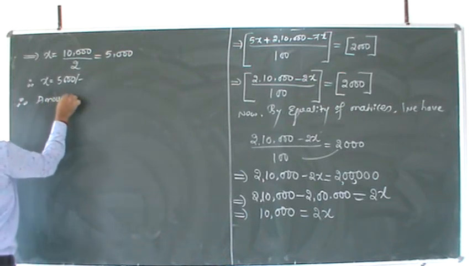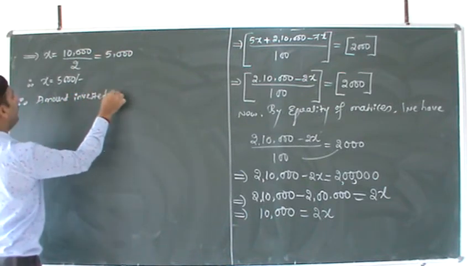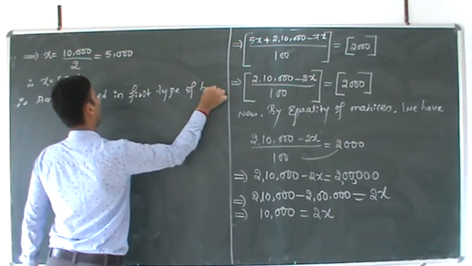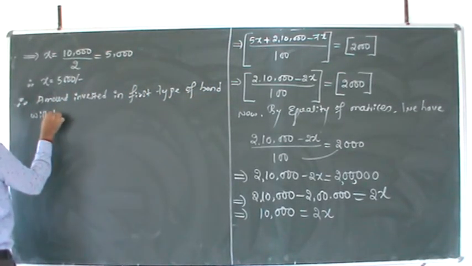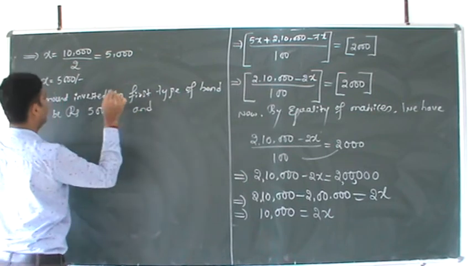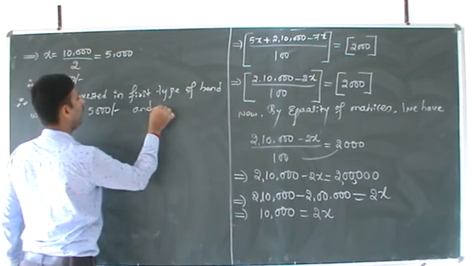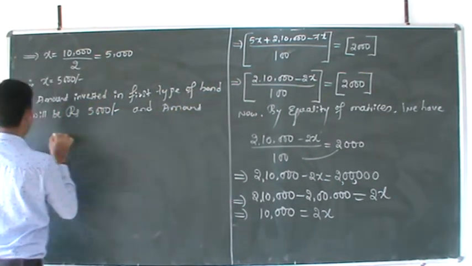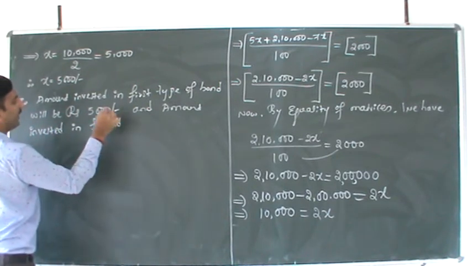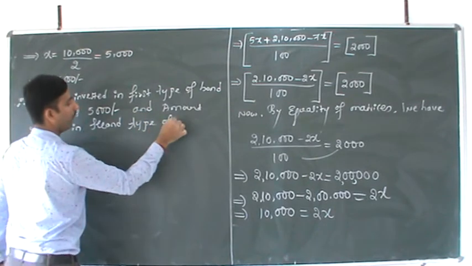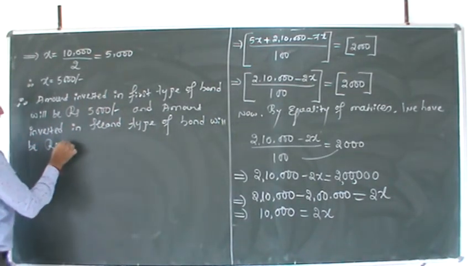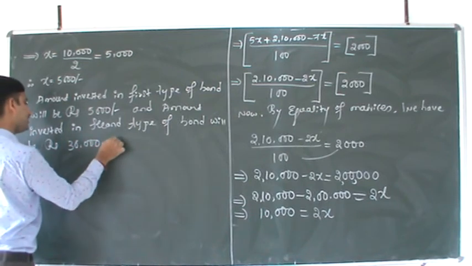Therefore, the amount invested in first type of bond will be rupees 5,000, and the amount invested in second type of bond will be rupees 30,000 minus x, correct?